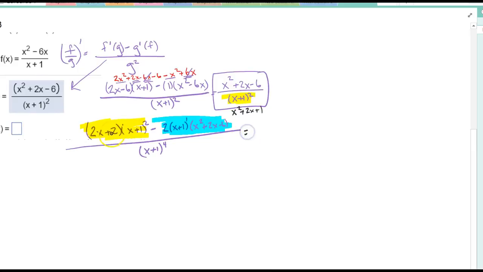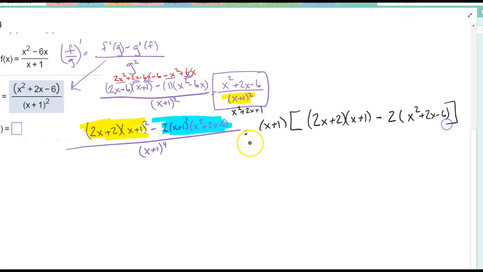So if I factor out an x plus 1 in both these terms, I have x plus 1, and then I have 2x plus 2 times x plus 1 minus 2 times the quantity x squared plus 2x minus 6, all over x plus 1 to the 4th power. And then that simplifies the x plus 1 in the numerator, and this would then be to the 3rd power.